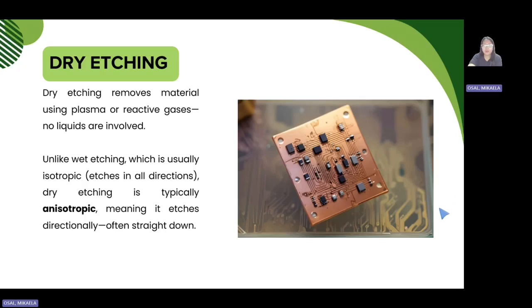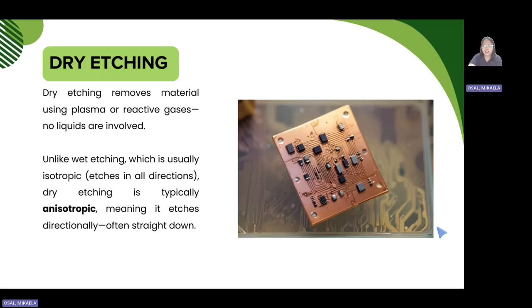One key difference between dry and wet etching is the etching pattern. Wet etching tends to be isotropic, meaning it etches uniformly in all directions. In contrast, dry etching is typically anisotropic, meaning it etches directionally, usually straight down.